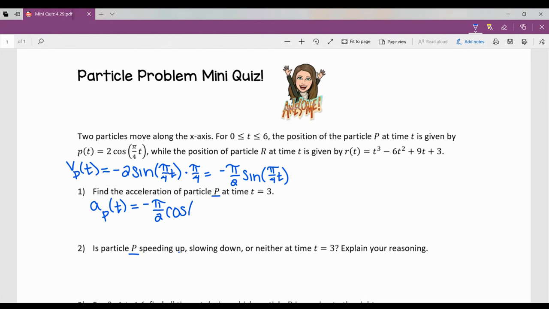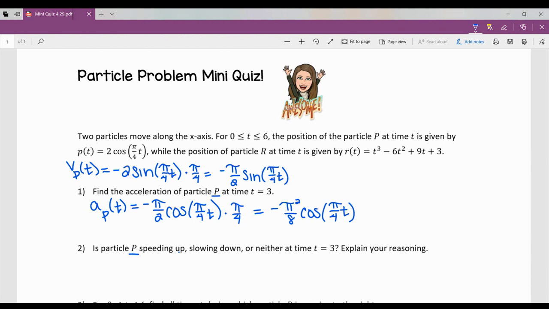I keep the inside the same. And then I multiply by the derivative of the inside. So I get negative pi squared over 8 cosine of pi over 4t. All right.